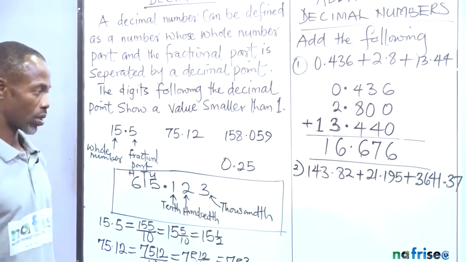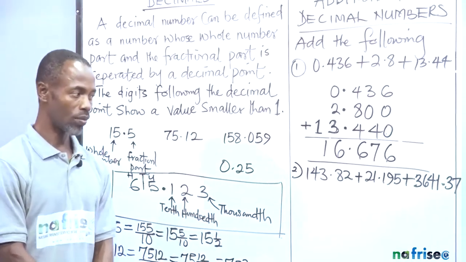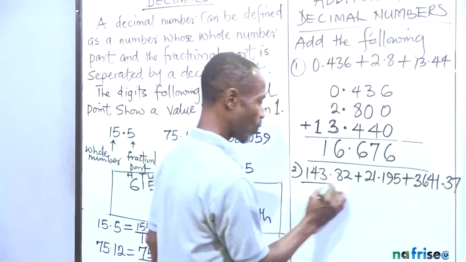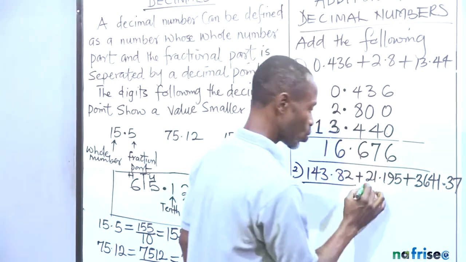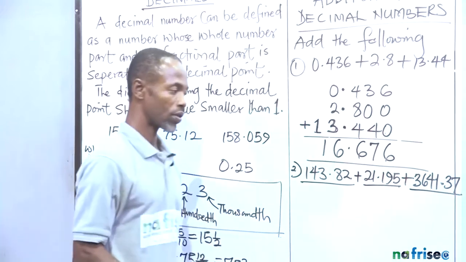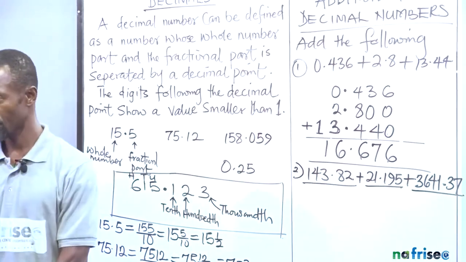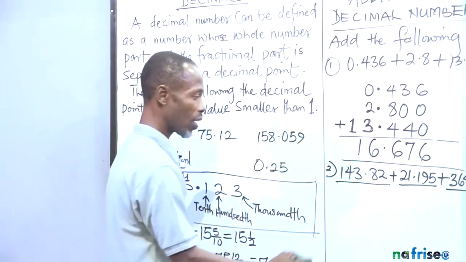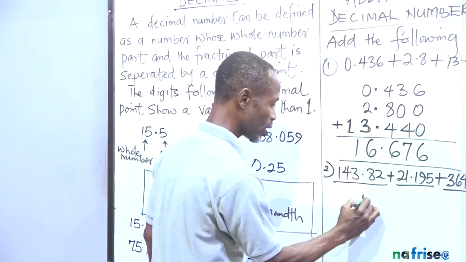They say we should add these numbers. Look at them. 143.82, 21.195, and 3641.37. Are you ready? Let's add them together.